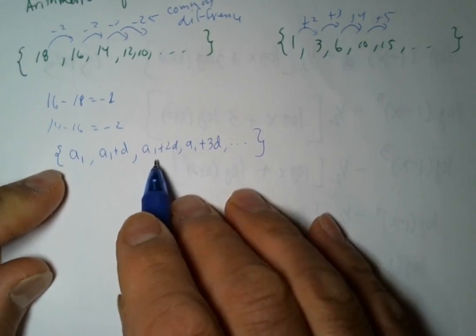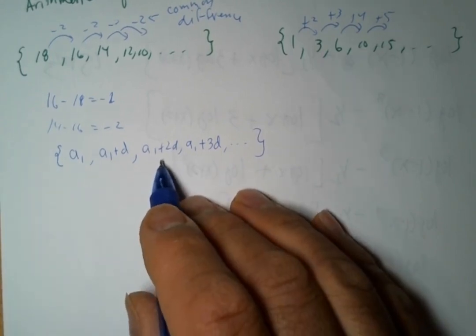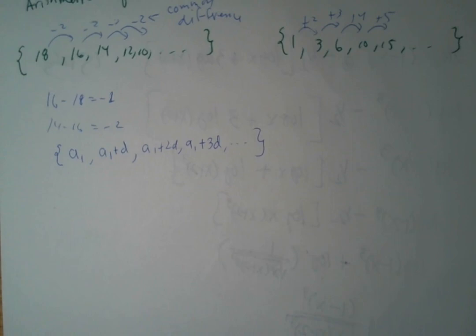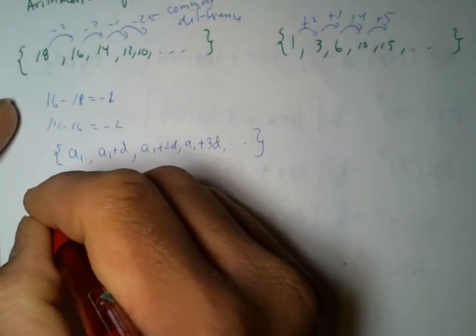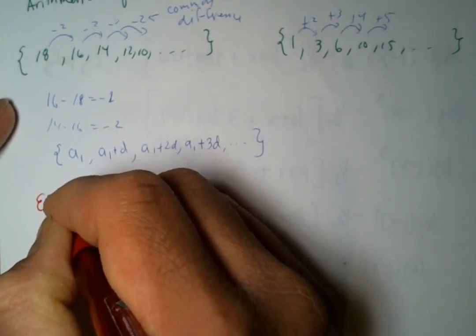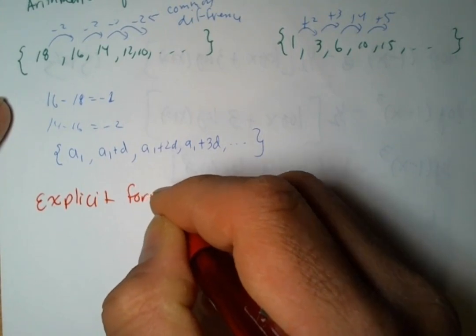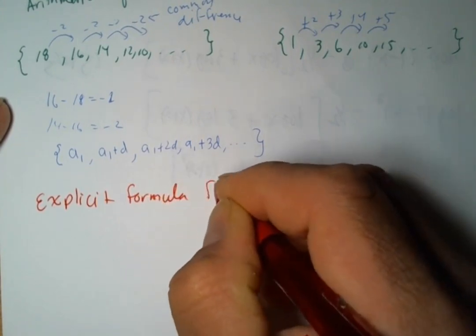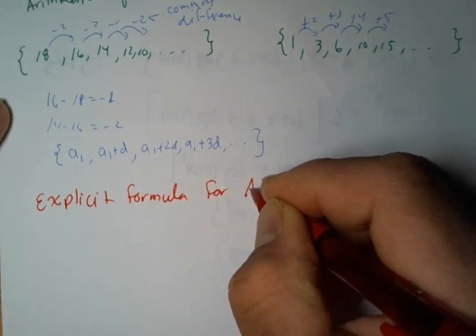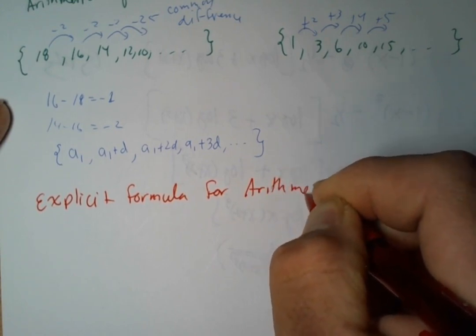As you can see, now I have a general formula, an explicit formula for arithmetic sequences.